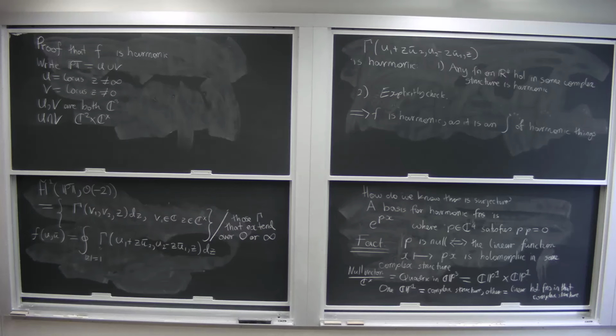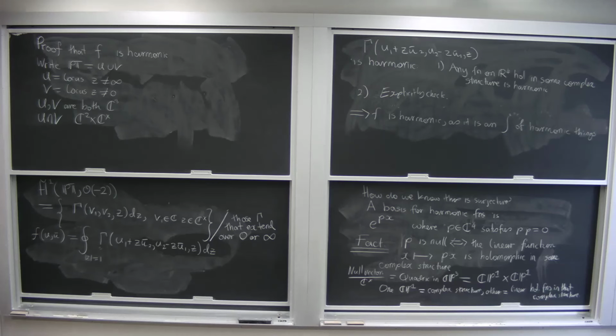So e^{ip·x} comes from a class in H1 of O(-2), which is a delta function at some point in the CP1, because things are going to be holomorphic in that complex structure, times an exponential of v1 and v2.